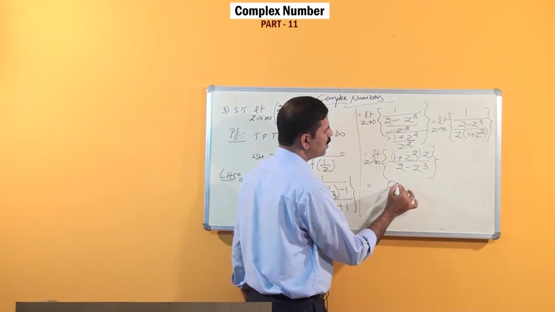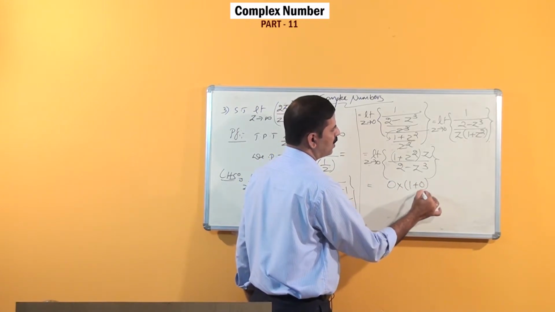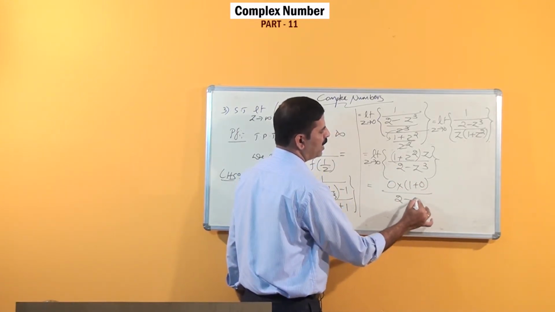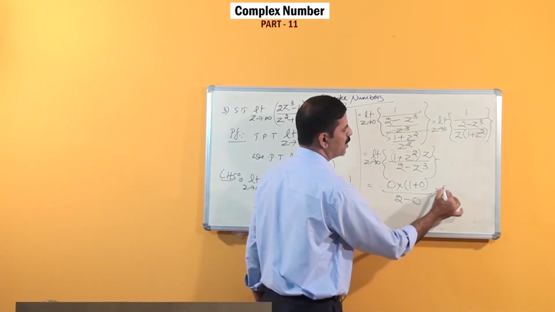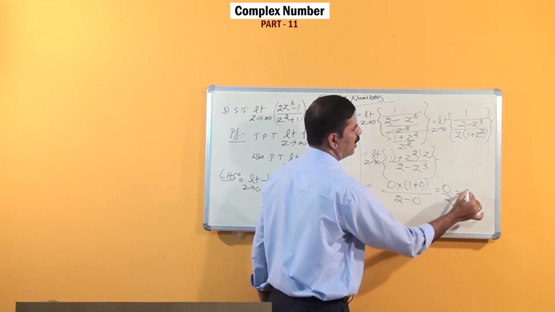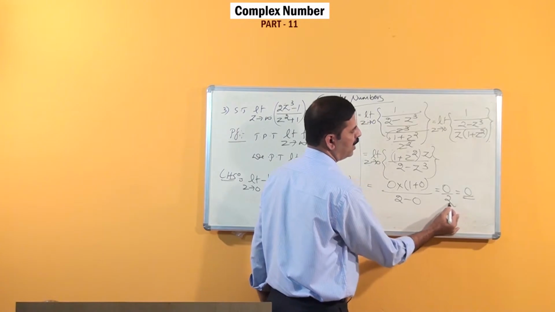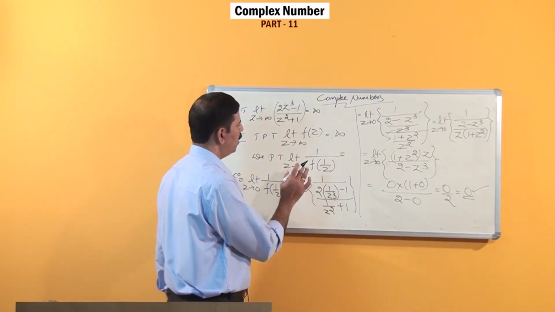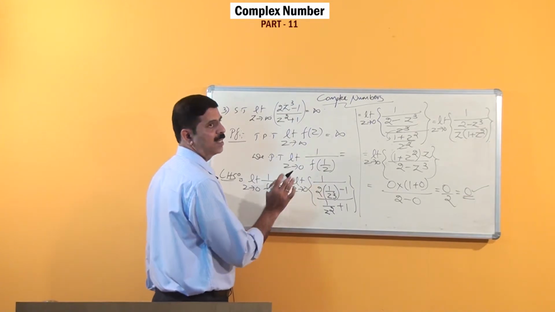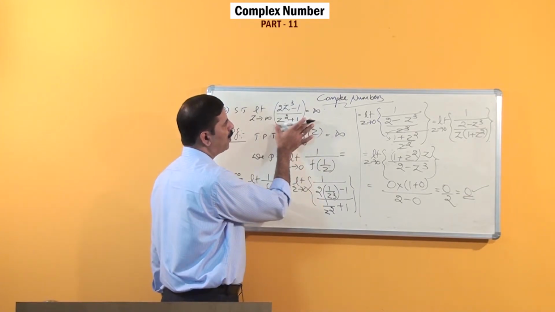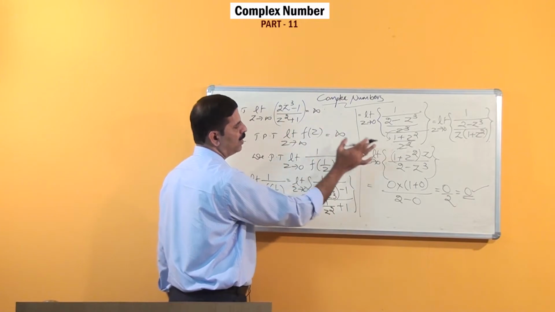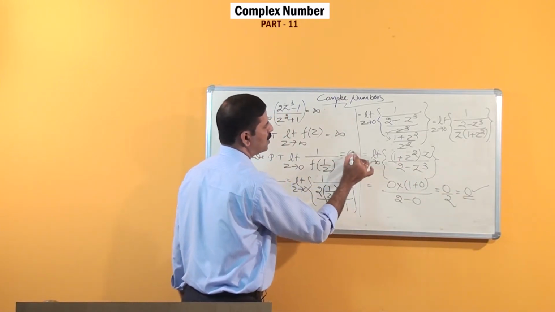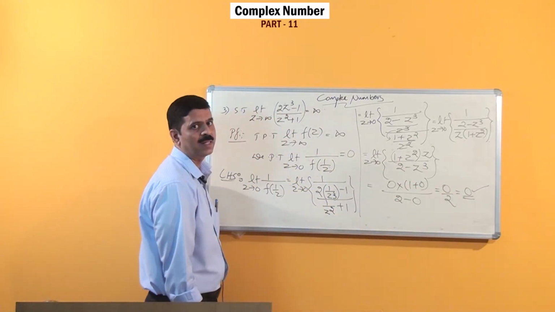Therefore 0 into 1 plus 0, divided by 2 minus 0. The numerator is 0, the denominator is 2, therefore the answer is 0. So you have justified the result: equivalently proving the given problem, infinity, is equivalent to proving equal to 0. You have got the result.